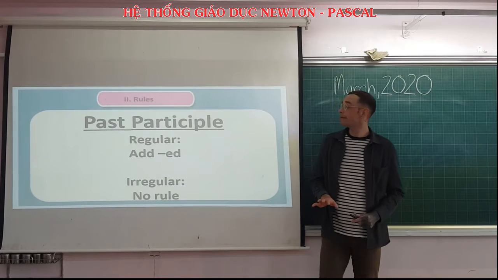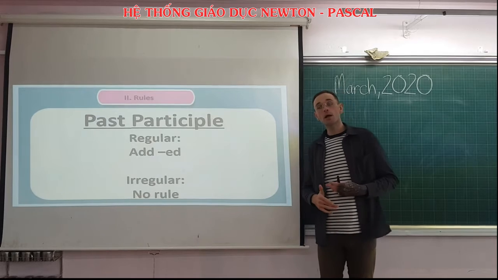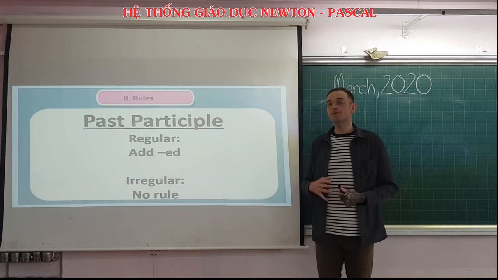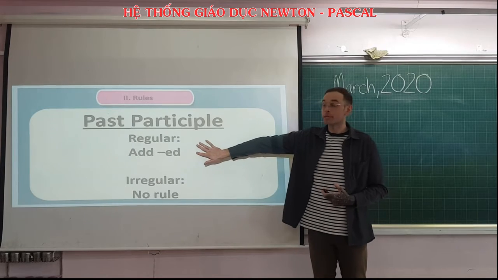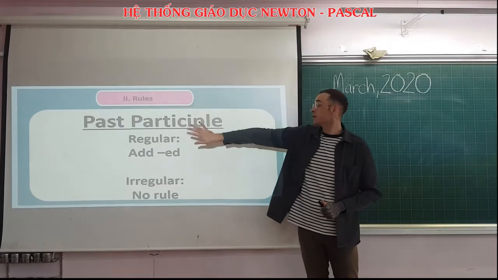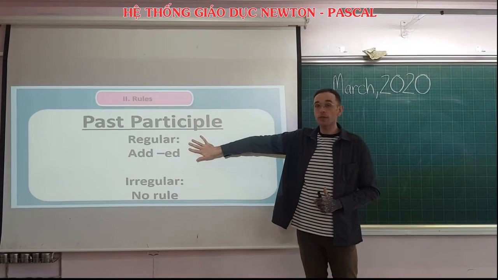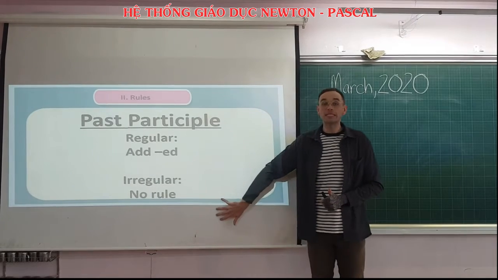Let's talk a little bit now about the past participle. So I want you to recall that past participle verbs follow the same rule as past simple. So we have regular verbs and we have irregular verbs. Again, for regular, all we do is add ed, and for irregular, there is no rule.